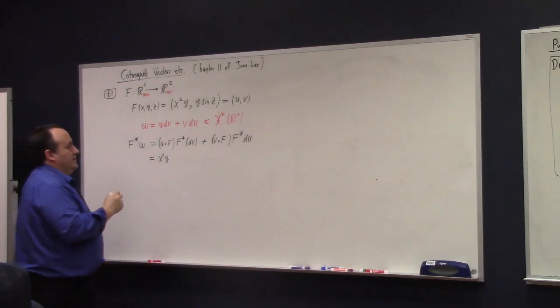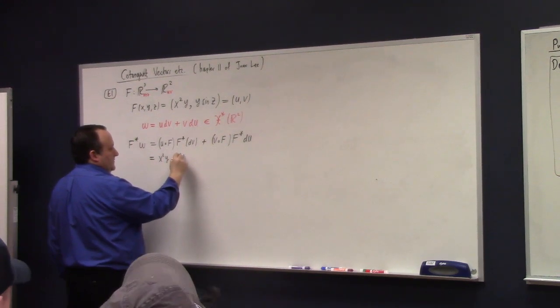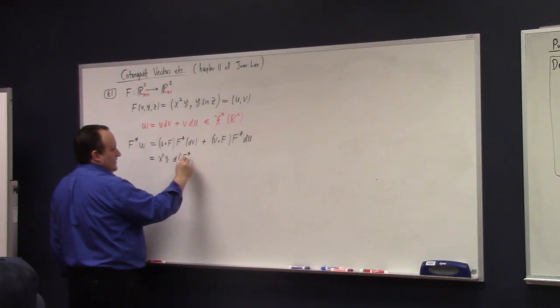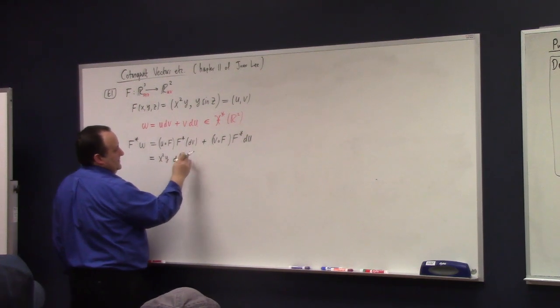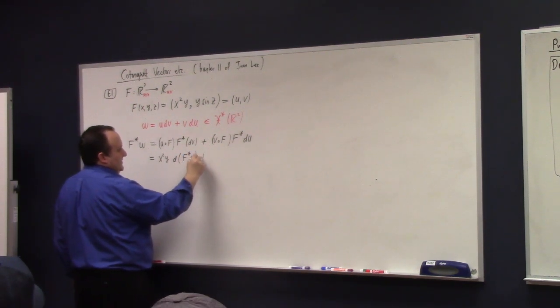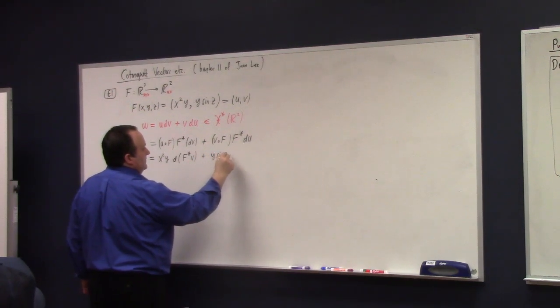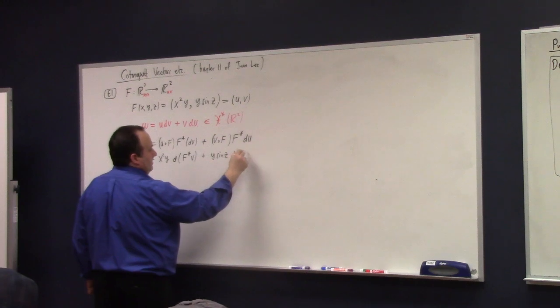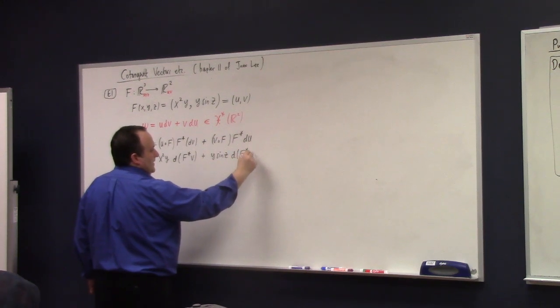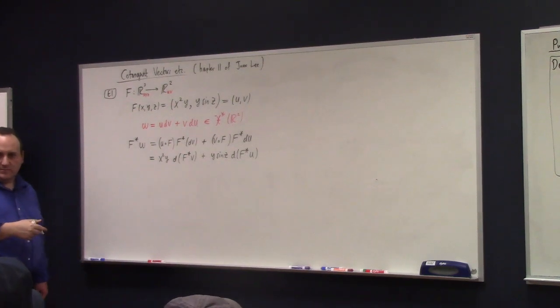And this is the same as the differential of the pullback of v. Anyway, getting to the point here, what does this work out to? I'm going to write this step down here just for a second. This notation may not be used by Lee at this point.